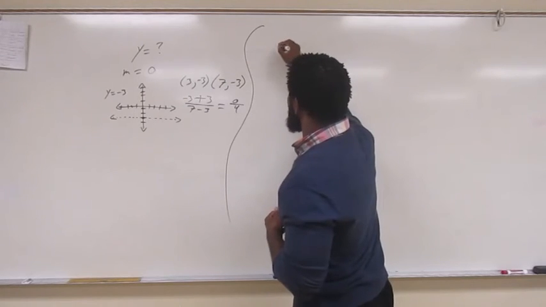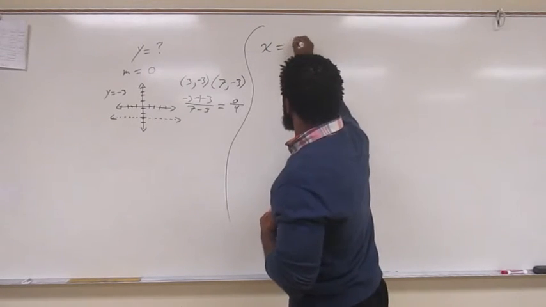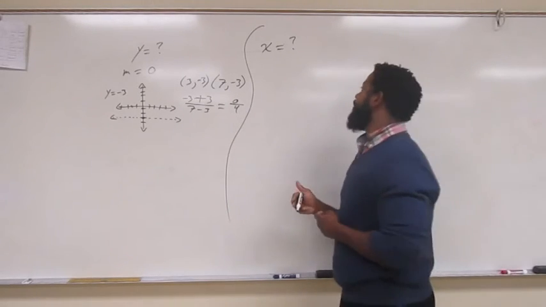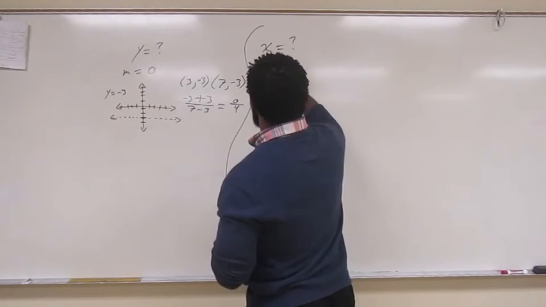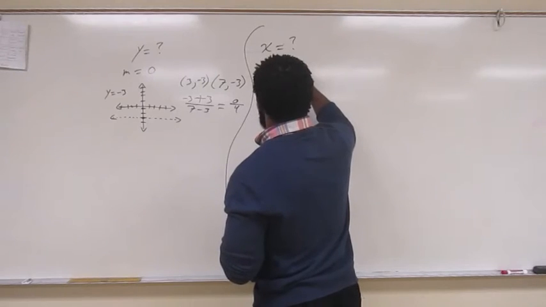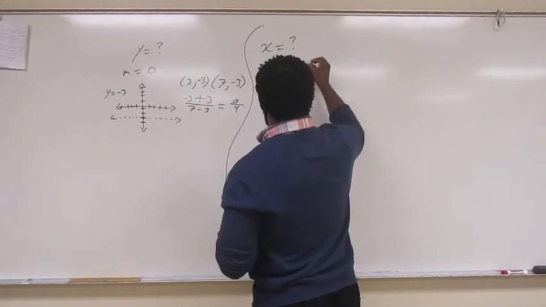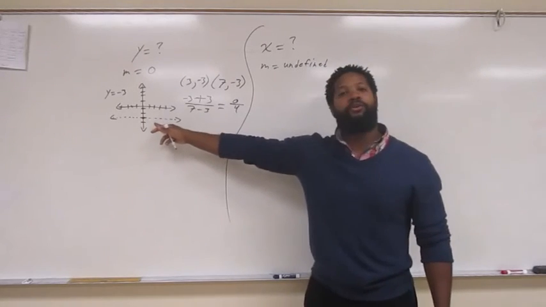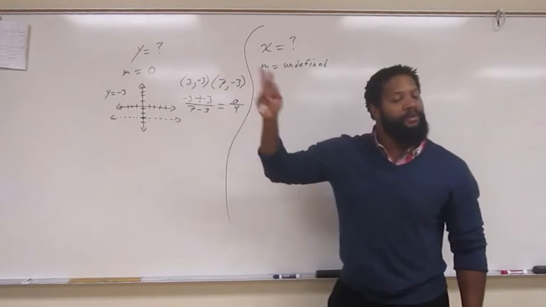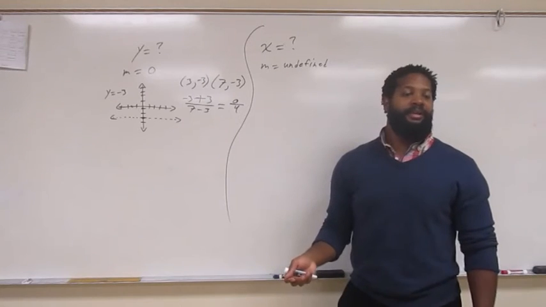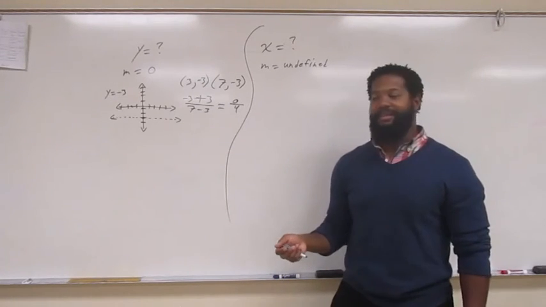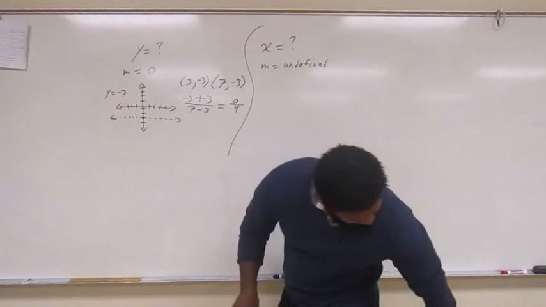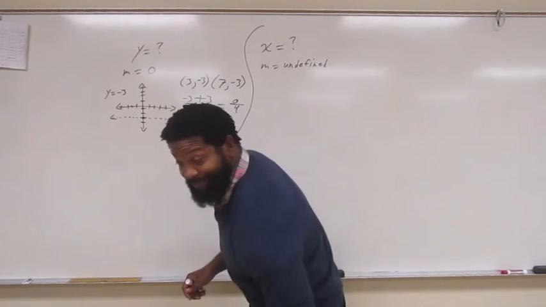X equal to whatever number, right? Your slope is undefined. Notice how it's a horizontal line, right? Who remembers Mr. Slopeman? I wrote him out. Okay, y'all remember Mr. Slopeman? He was not lying to you.